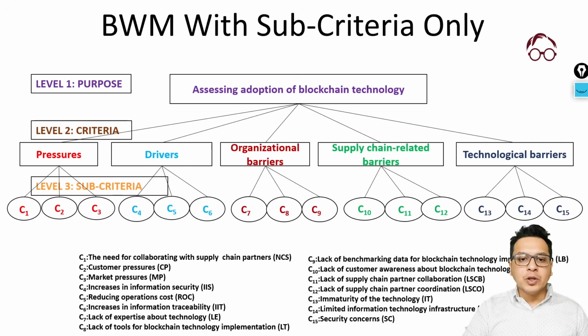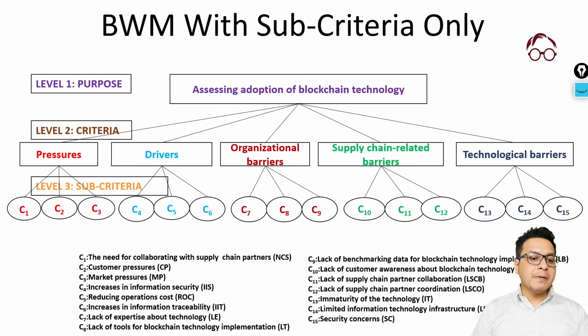So now let's have a look into a best-worst method study with criteria and sub-criteria. So here you see we are still assessing blockchain adoption technology. And here we have the criteria: pressure, drivers, organizational barriers, supply chain barriers, and technological barriers. But each of these criteria has 3 sub-criteria: C1, C2, C3.